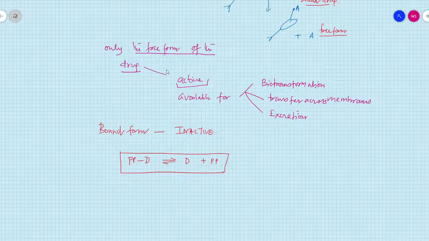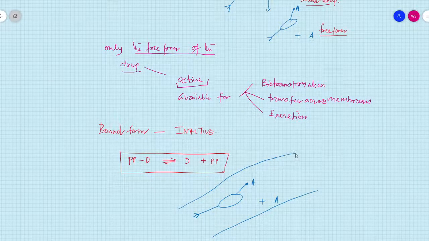So suppose in the plasma we've got this bound form of the drug, and we have the free form of the drug. Now imagine these things are in the blood. So that is a depiction of a blood vessel.